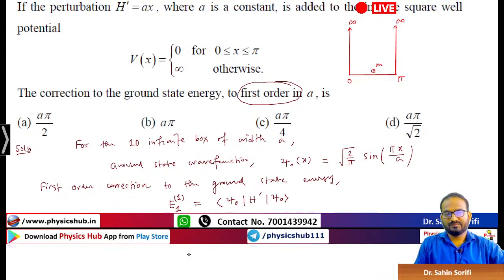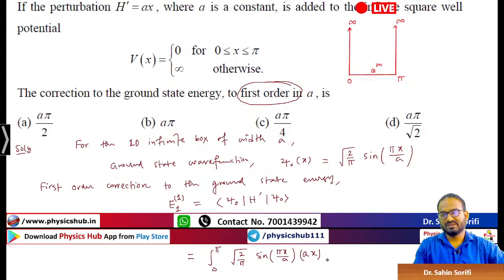So you know the technique how to do it. Integration 0 to pi psi 0 star H prime psi 0. So psi 0 star is square root of 2 by pi sin pi x by a. H prime is Ax, psi 0 again square root of 2 by pi sin pi x by a dx.